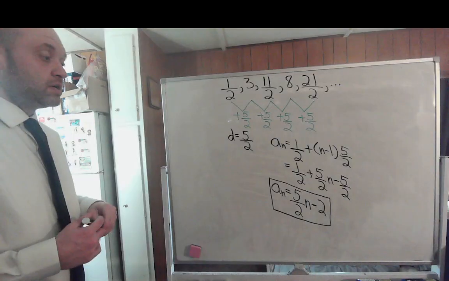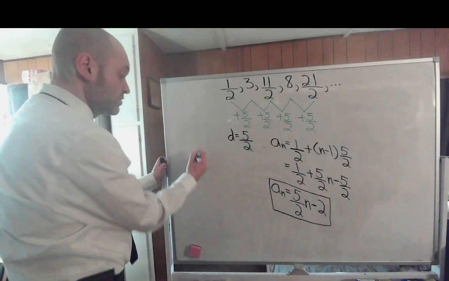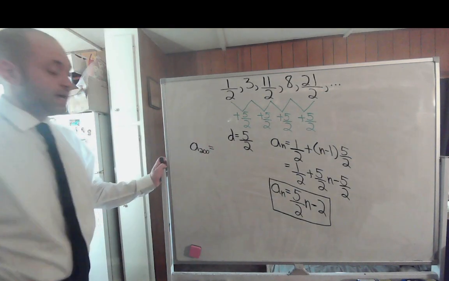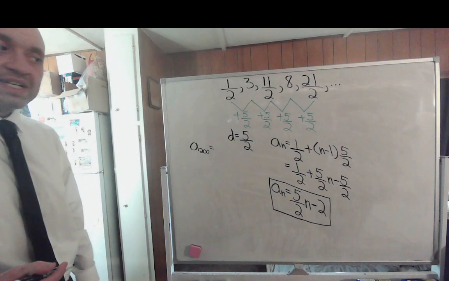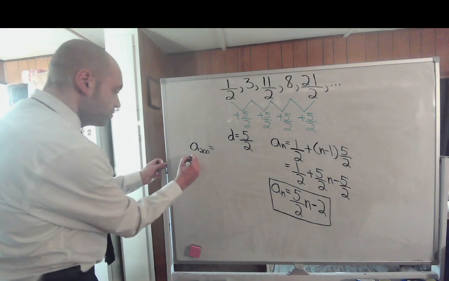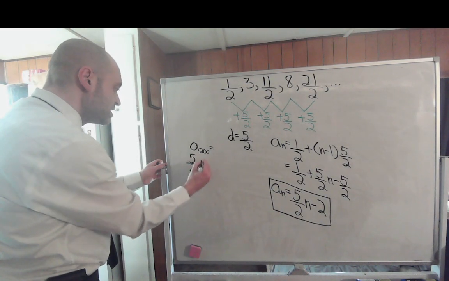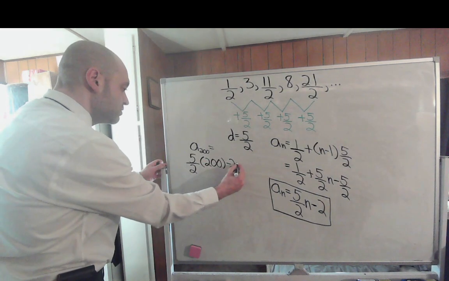Alright, now let's find, you ready for this? The 200th term. We're going to find the 200th term of the sequence, a sub 200. And again, I don't think you want to sit here and list out 200 terms. No one's got time for that. So we'll put in 200 for n. That'll be 5/2 times 200 minus 2.